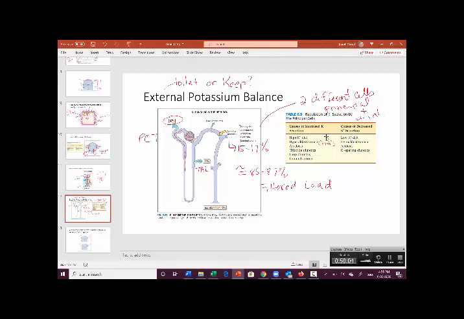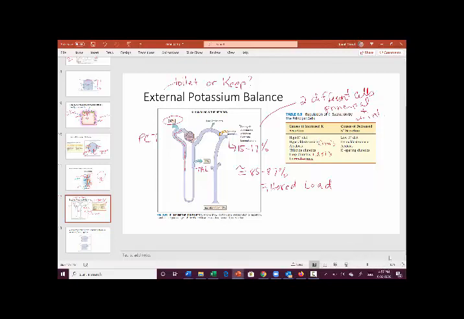This basically is going to cause a change in osmolarity of that filtrate, and it's going to cause more potassium to come out. We also have loop diuretics like Lasix. And something I'm not going to focus too much on is the luminal anions, so don't worry about that.